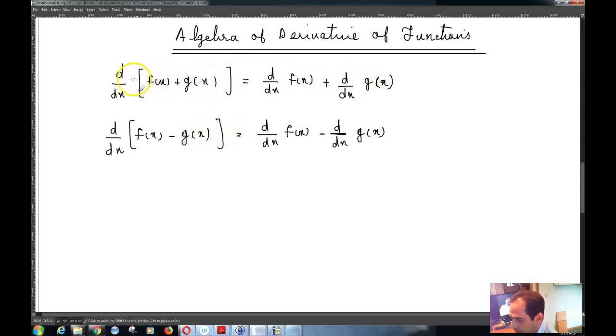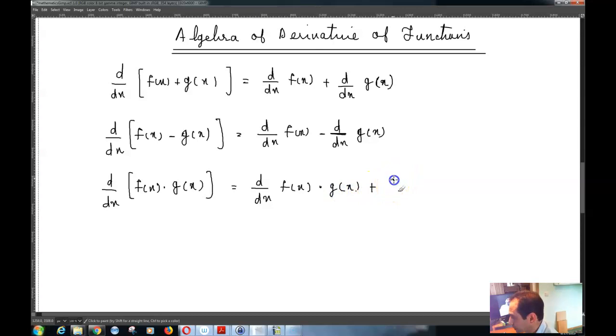It's not that straightforward as these two results, meaning that d by dx of f of x times g of x is equal to d by dx of f of x times g of x plus f of x times d by dx of g of x.